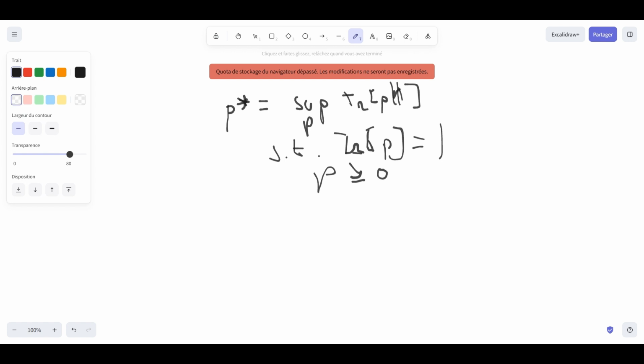So we compute the Lagrangian of the problem, which, as we saw in the last video, we can do by transforming those constraints into indicator functions.